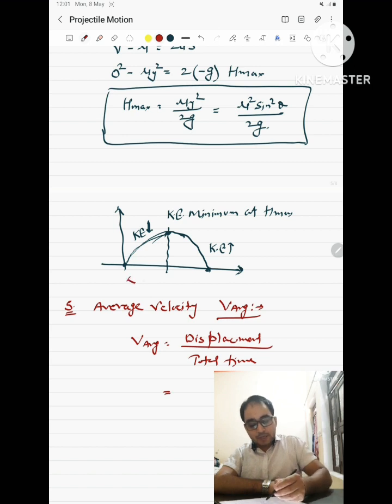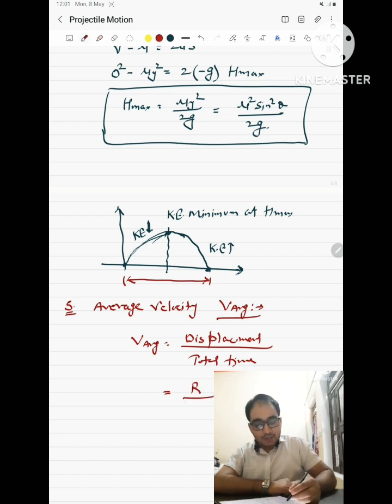So the displacement of the particle is this, and this can be written as the range, and the total time is the time of flight.